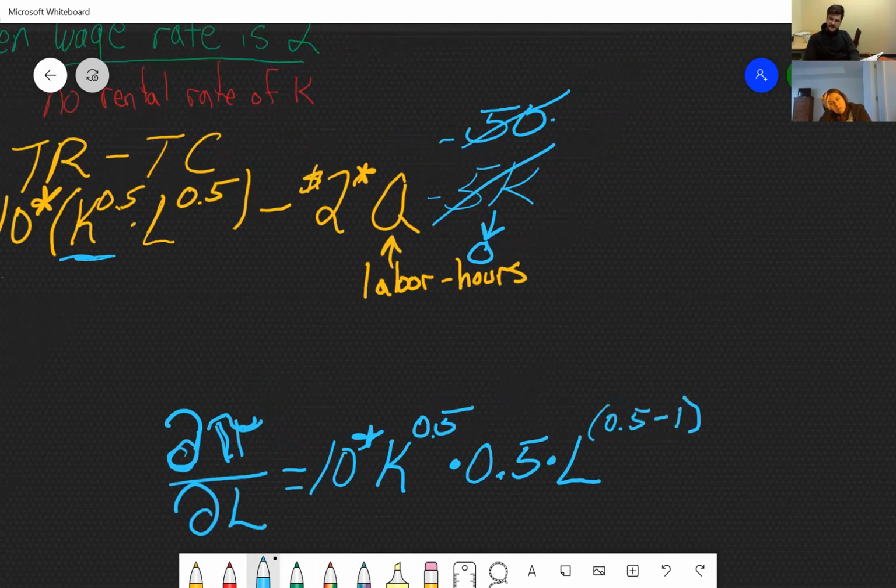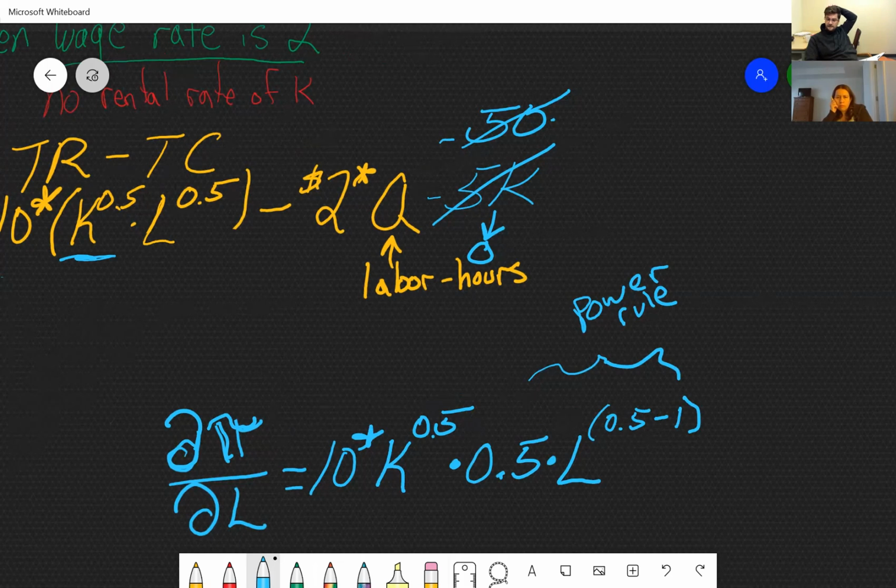So remember, we have to do that power rule, even when we get a negative number in the exponent. I'll show you what to do with that negative number in the exponent in a second.